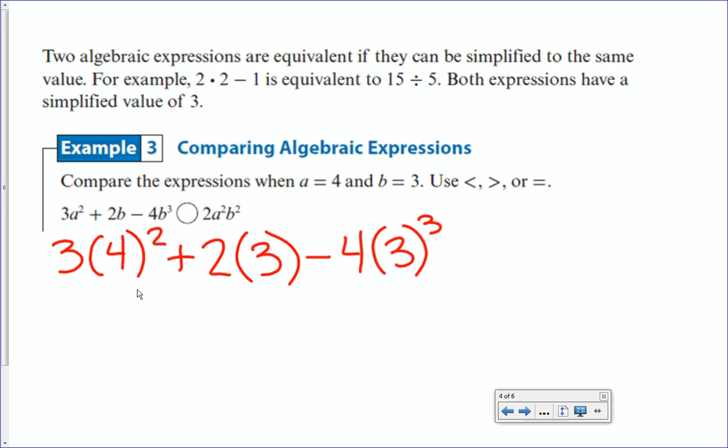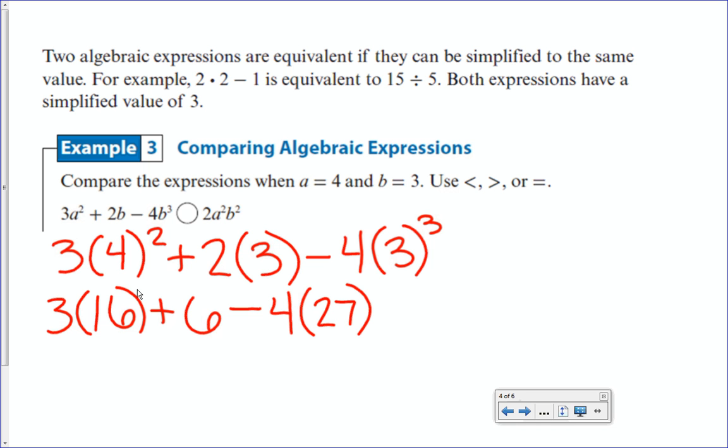So I'm going to start with the exponents. 4 squared is 16. So 3 times 16 plus, we'll go ahead and do that. 2 times 3 is 6 minus 4 times 3 cubed is 27. 3 times 16 is 48.